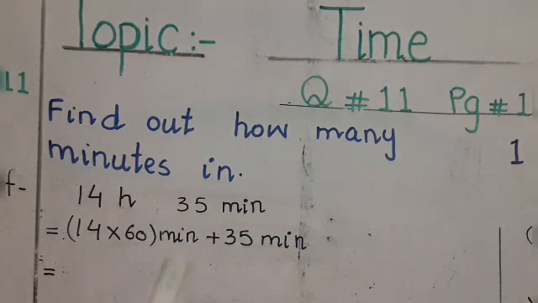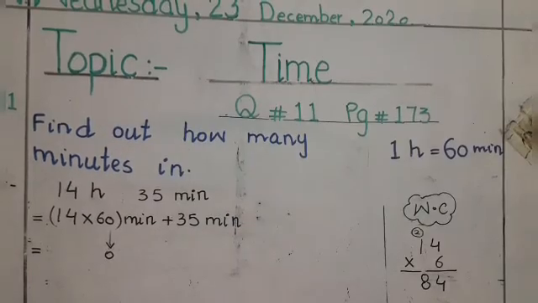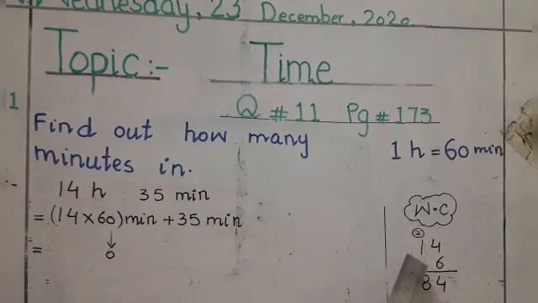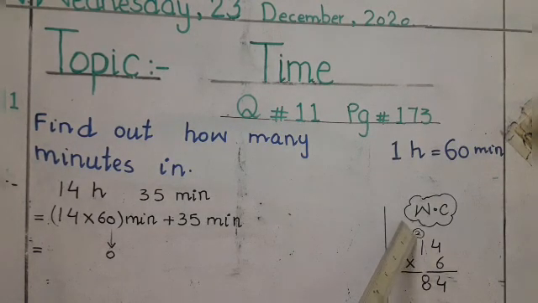As I told you in the previous question, we will move the 0 to the answer, and the remaining numbers 14 and 6 we will multiply. Okay students, 6 4s are 24, 4 and 2 carry over 1. 6 times 1 is 6 and 2 is 8. So 84.